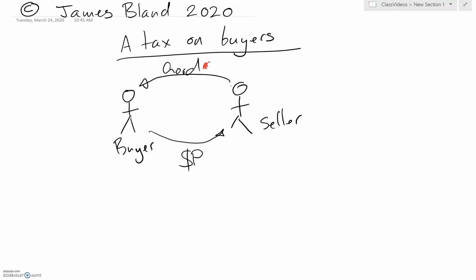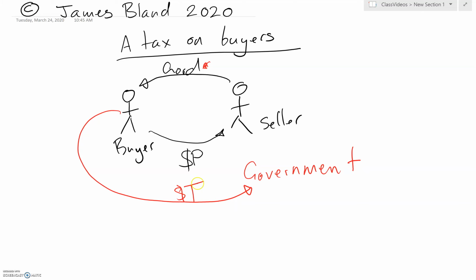So if the tax is T dollars per item, then we've got this other entity over here called the government, and the buyer has to send T dollars to the government.